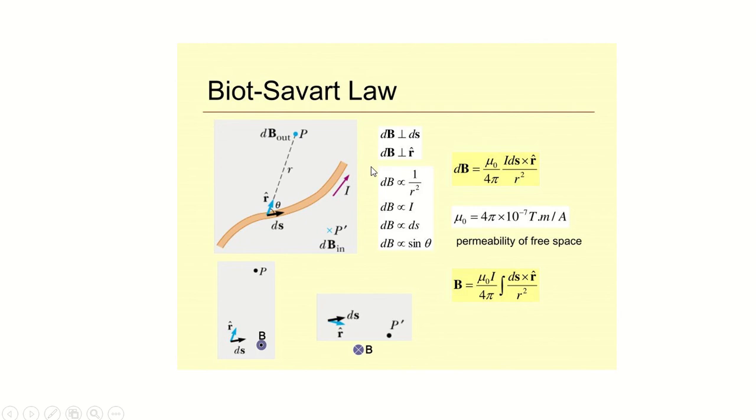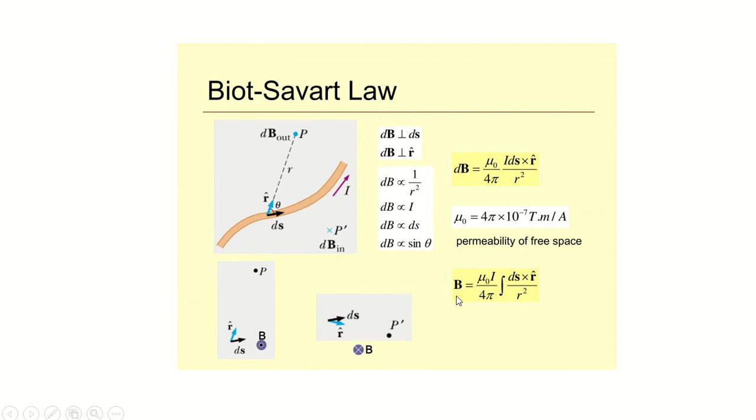Now this one we have calculated, or considered, only for ds, the elementary length, but we have not considered the whole length, isn't it? So if we want to calculate the total magnetic field due to the whole conductor, then we have to do the integration.